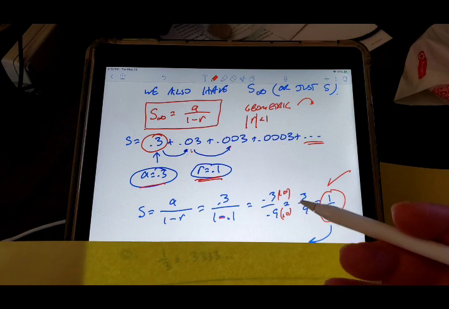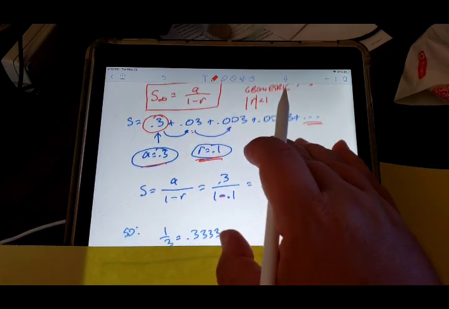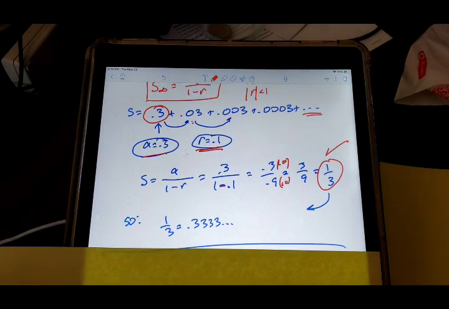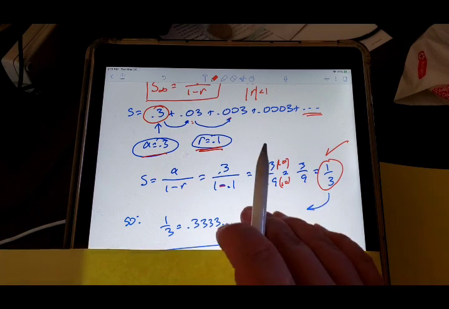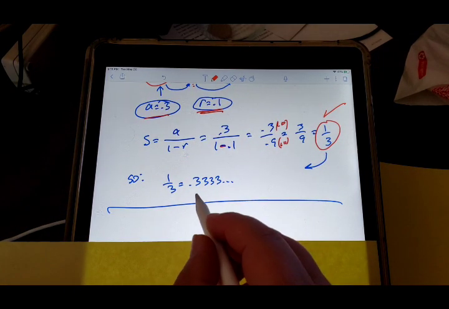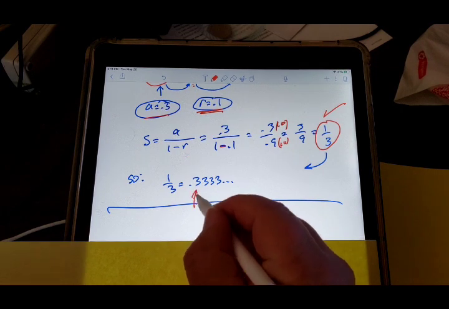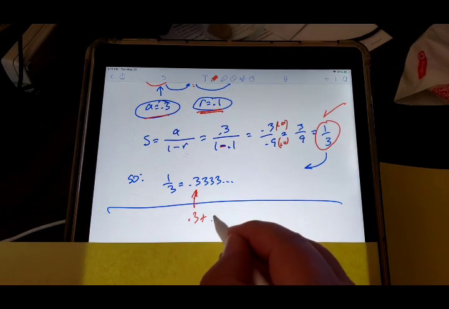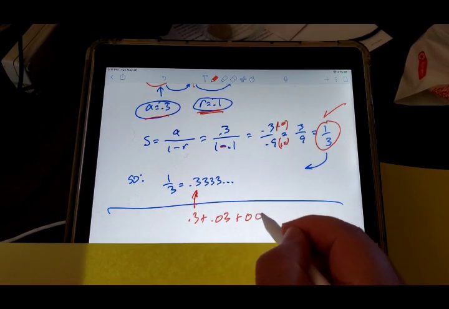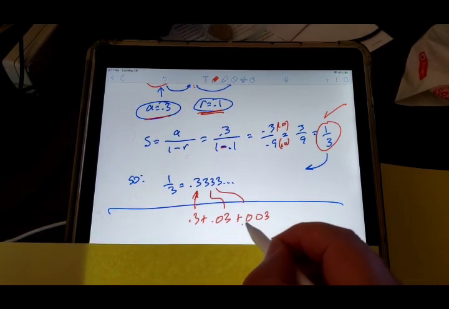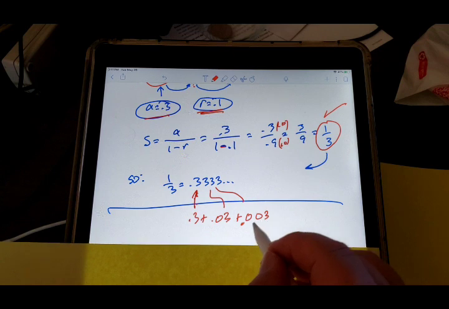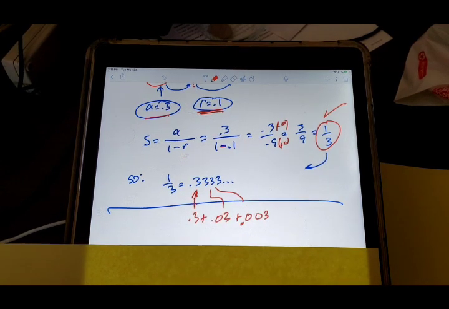Now, here's where I want to make a connection. At some point in your life, you learned that 1/3 was 0.33333, repeating. What does that mean? Well, it means that we're adding 0.3 plus 0.03 plus 0.003. Each one of these is a place value in this list.